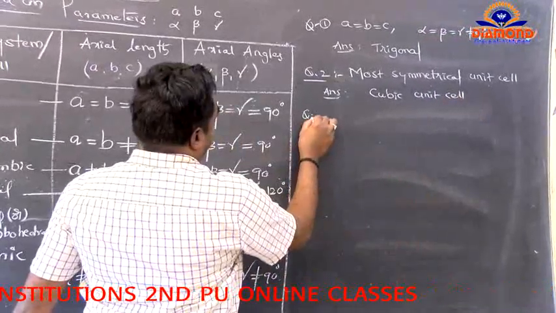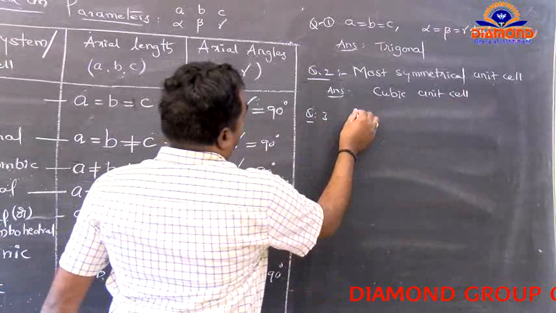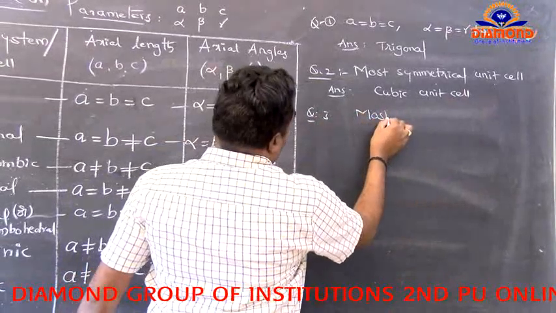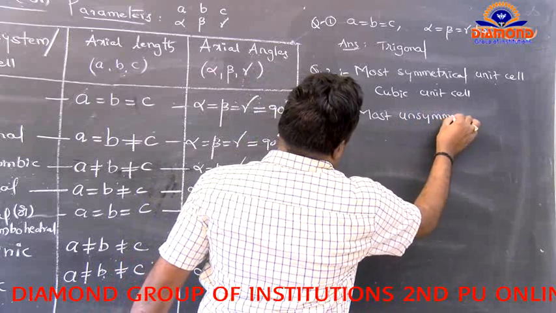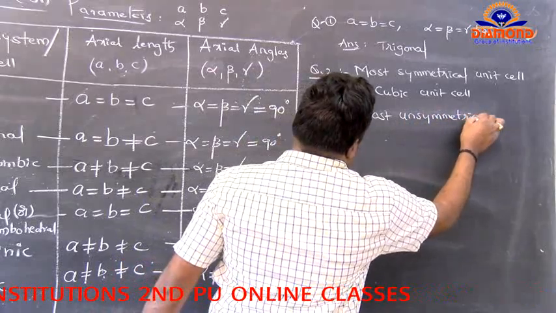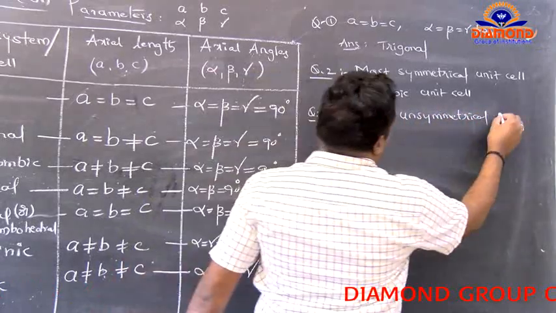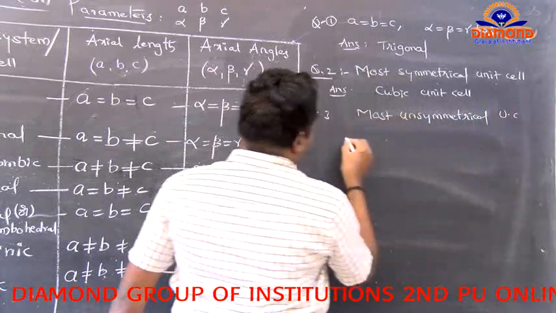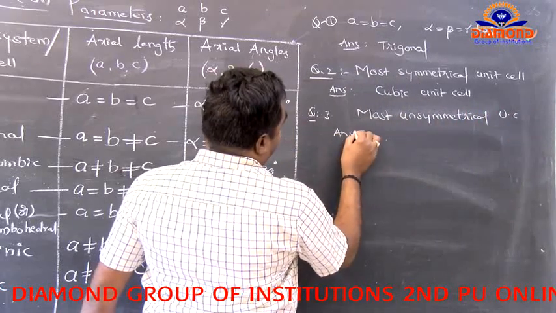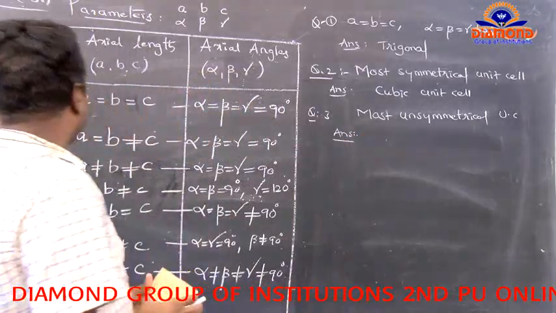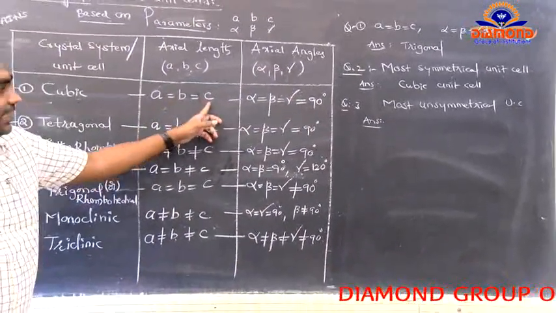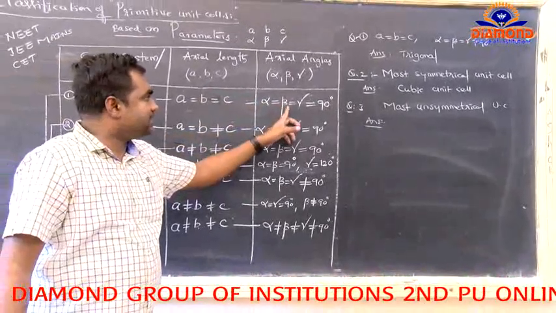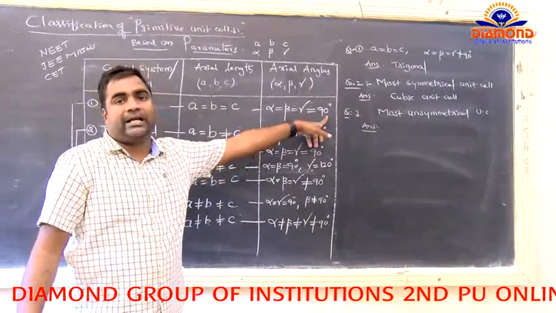Next, question number 3. What is the most unsymmetrical unit cell? The cubic has all equal: length equal to breadth equal to height, and alpha equal to beta equal to gamma equal to 90 degrees.